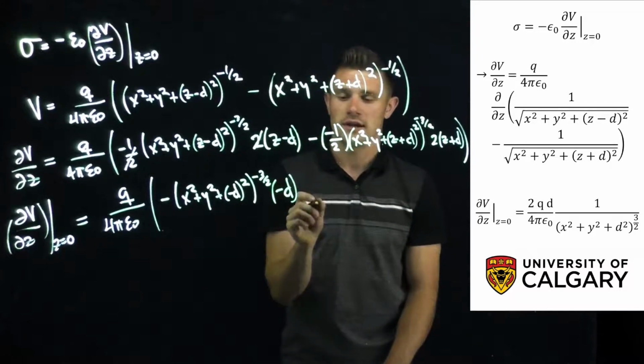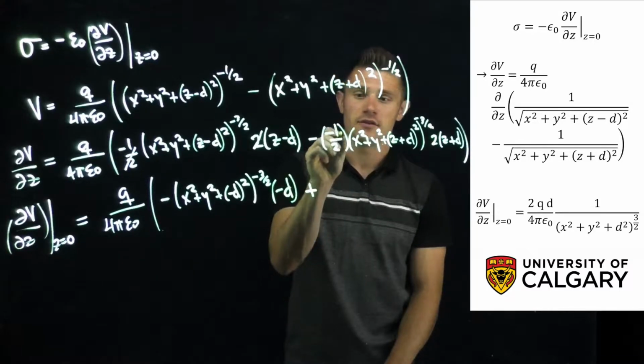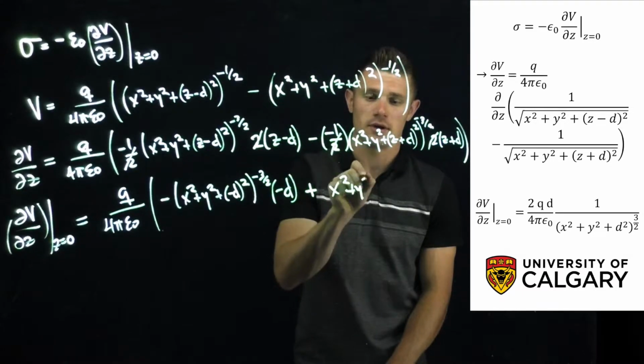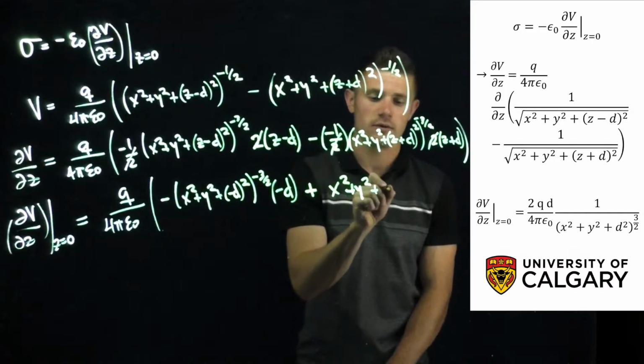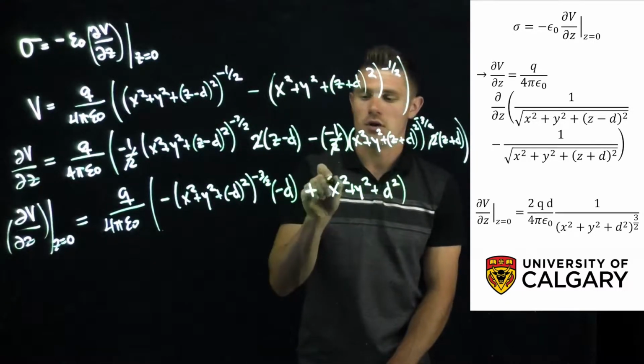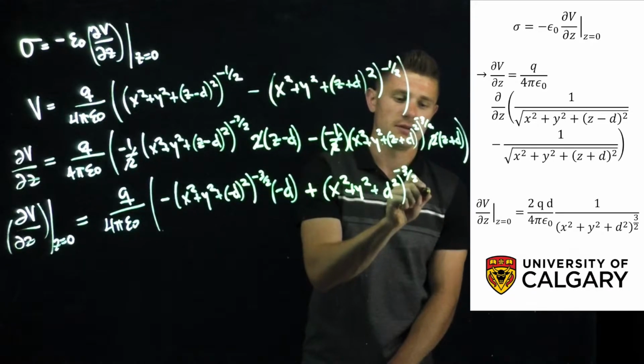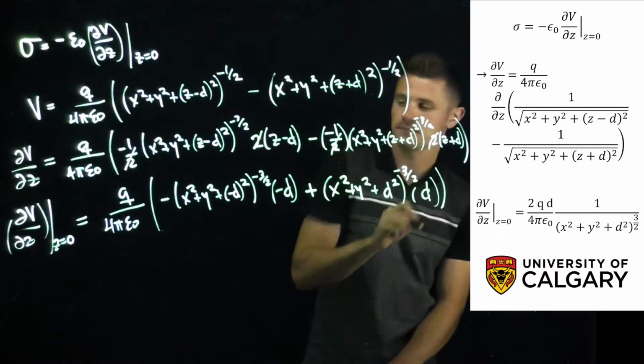And the negative and negative cancel to make a positive. The 2 will cancel with the 2 here. We have (x squared plus y squared plus 0 plus d squared), which is d squared, all of that to the negative 3/2. And then 0 plus d, left with just d here.